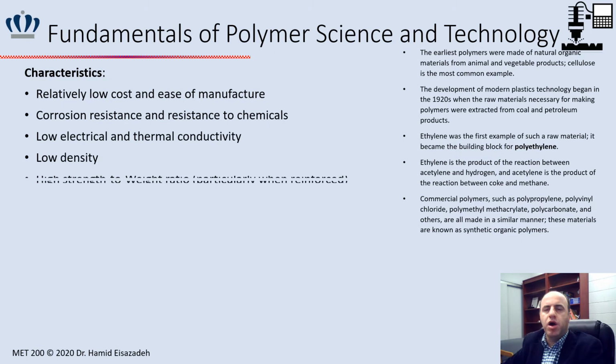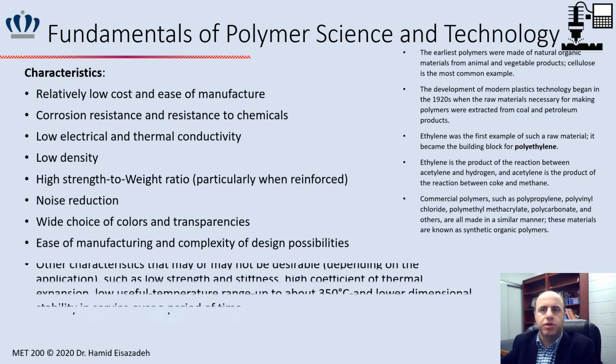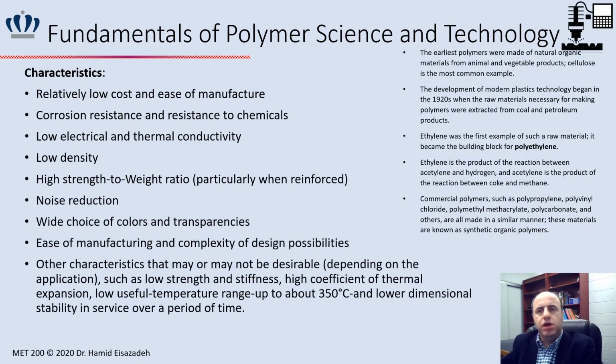The earliest polymers were made of natural organic material from animal and vegetable products. The most common example is cellulose.